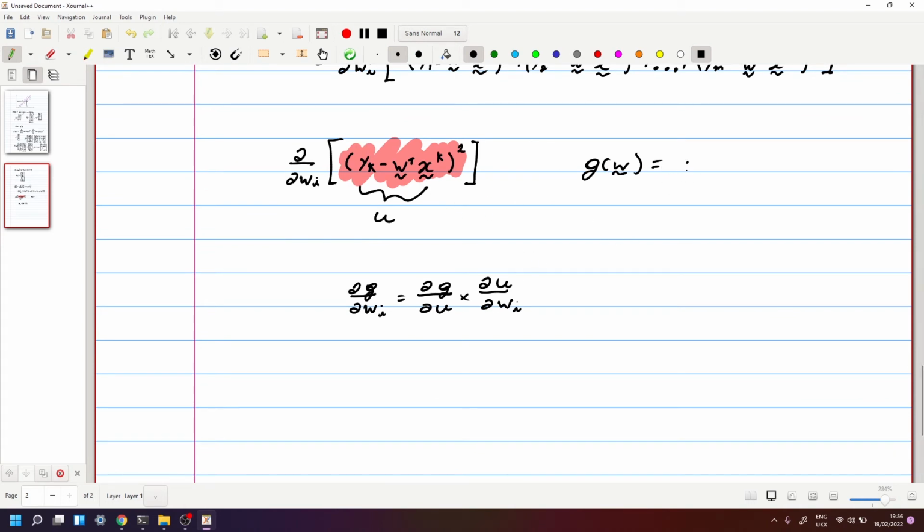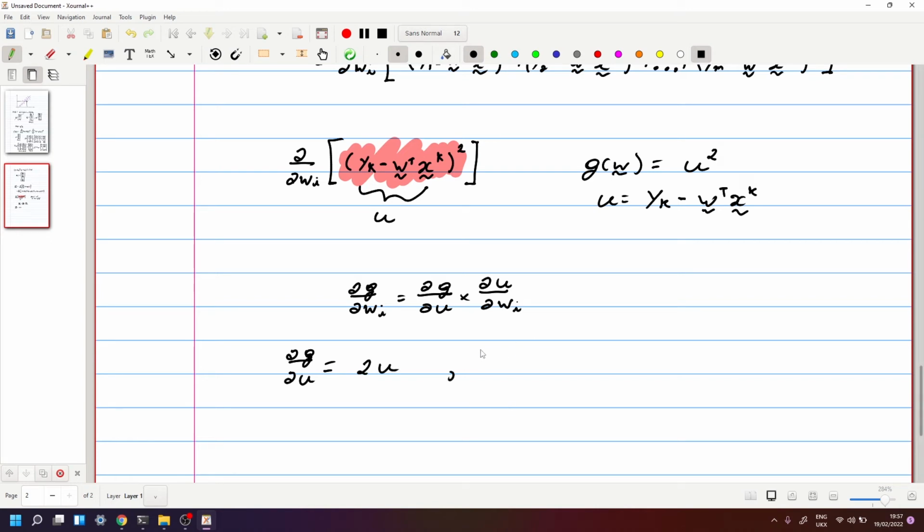So g of w is essentially, if we substitute this whole thing inside the brackets as u, u squared. In other words, u is equal to this bit inside the brackets. It doesn't hurt to write it again. Let's find each term. What is the partial derivative of g with respect to u? That's fairly easy in this case: it's simply 2u.